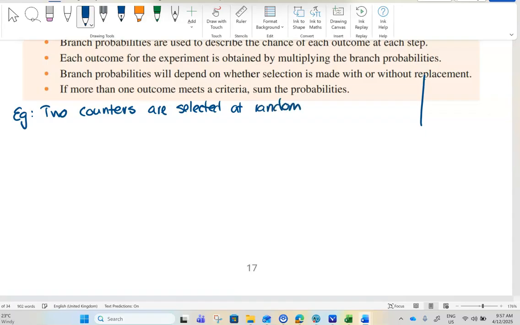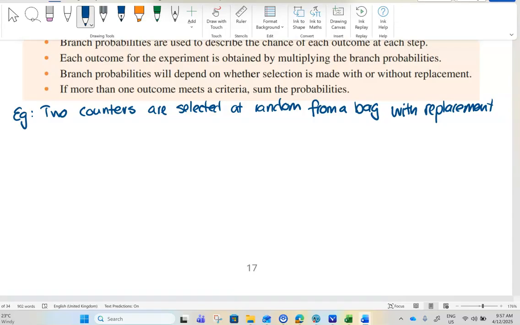We've got counters in a bag, selected at random from a bag with replacement. With replacement means even though we took one out and got an outcome, we put it back in, and then we did that again. So we're replacing it.